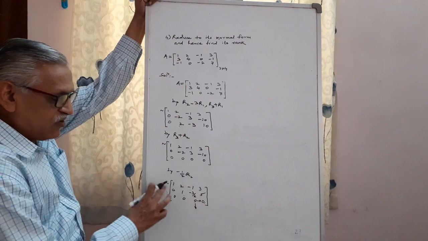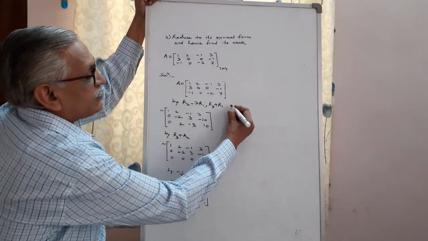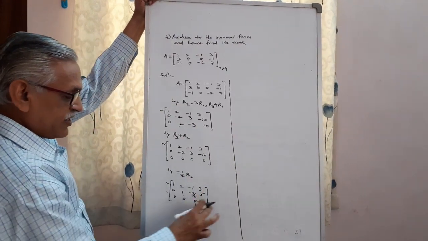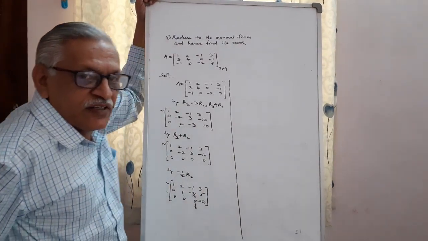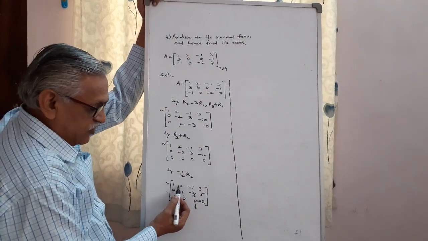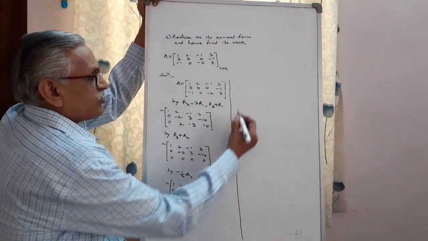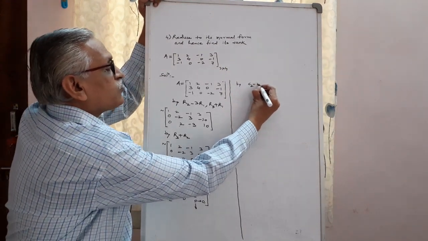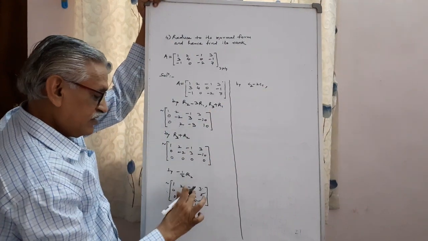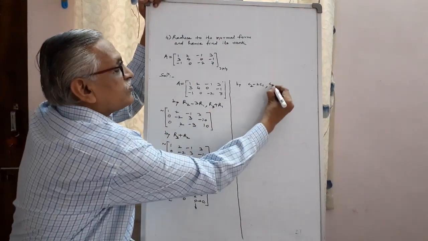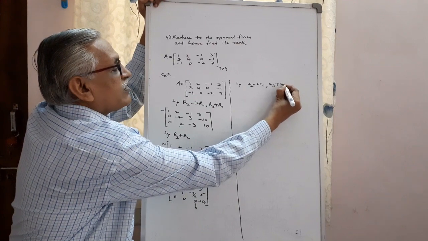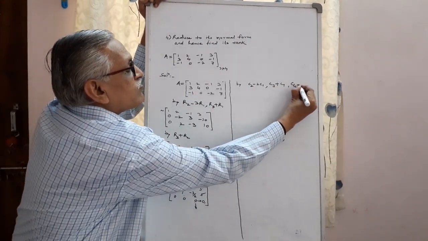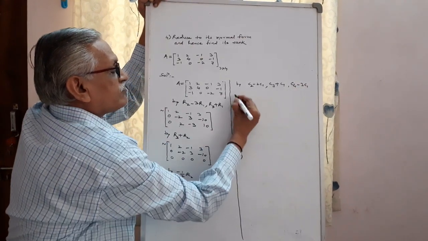After getting the canonical form, we have to apply column transformations to make the upper elements 0. Using the first diagonal element, I will convert the entries in the first row to 0 by C2 minus 2 times C1, C3 plus C1, and C4 minus 3 times C1.